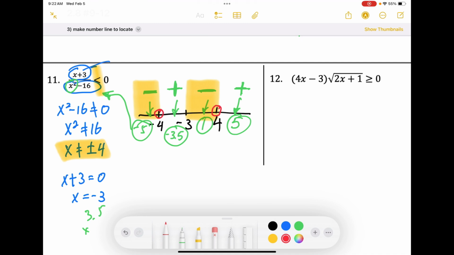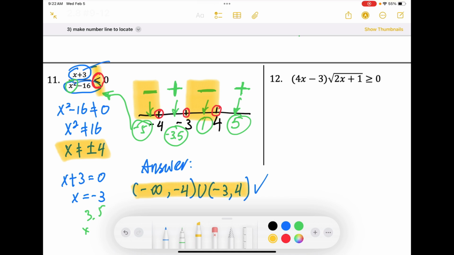You do not see any equal sign, so watch out for my -3. It's also a parenthesis. So what will be my answer? Seeing is believing. My answer will be from -infinity to -4, and another one from -3 to 4, and that will be the awesome solution.